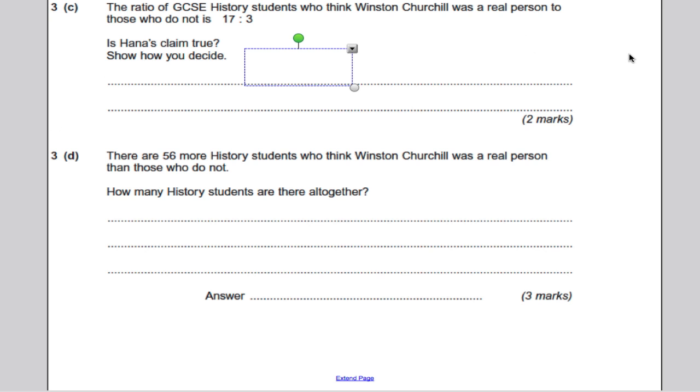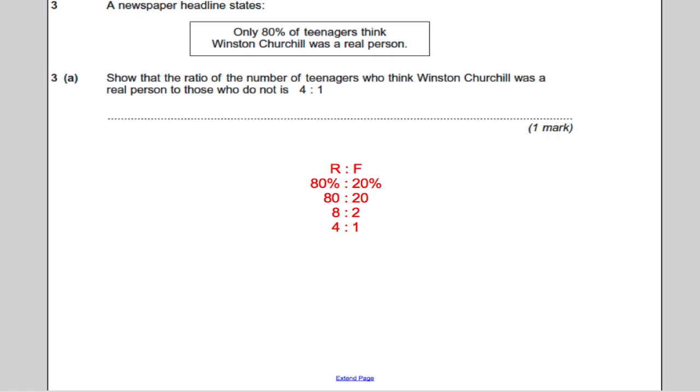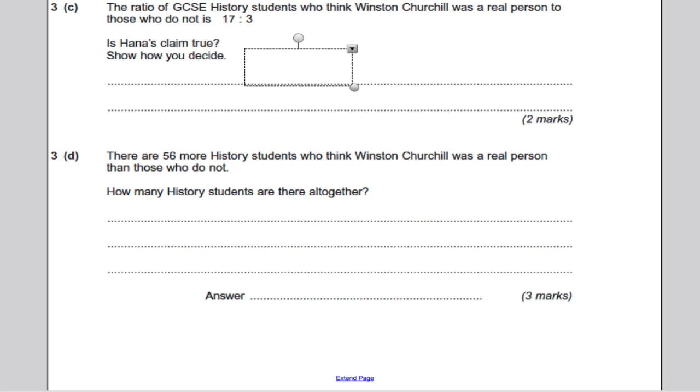Question 3C. The ratio of history students who think Winston Churchill was real to not real is 17 to 3. Is Hannah's claim true? Well, remember, we're told that 80% of teenagers think Winston Churchill was real. So what we need to work out is what percentage of history students think he was real. Well, it's 17 out of 20 because there's 20 parts in total, and that gives us 85%.